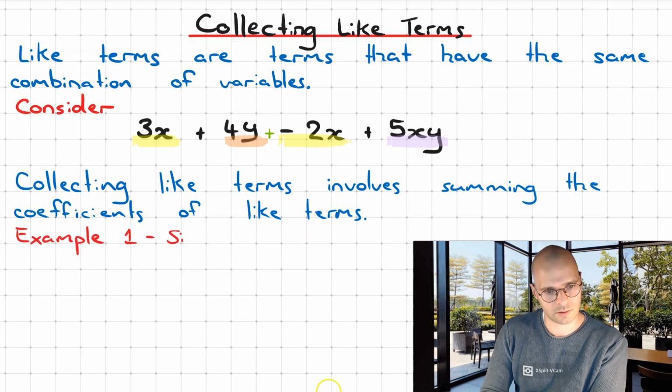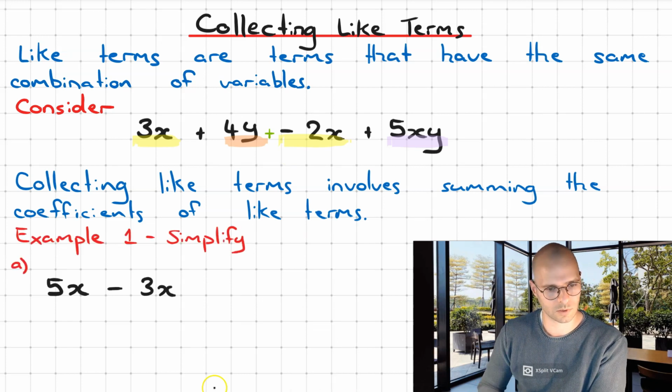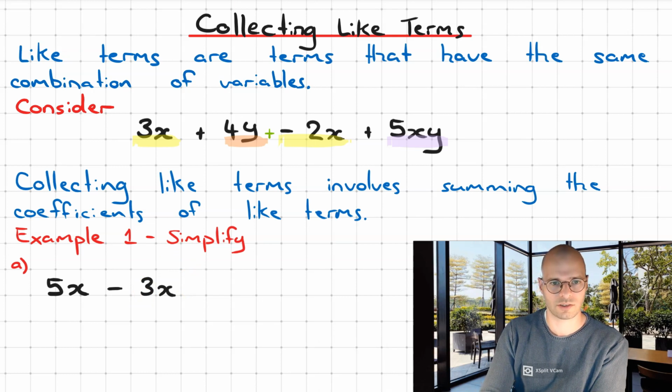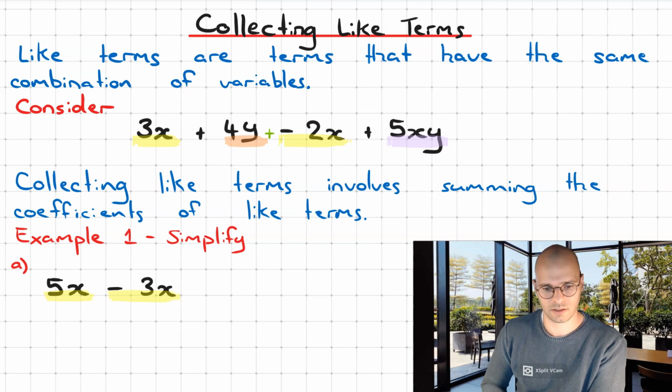Example 1, simplify 5x take 3x. We'd like to simplify this using the collecting like terms method. First thing I'm going to do is identify my like terms, like terms being terms that have the same combination of variables. I have an x here and I have an x over here.